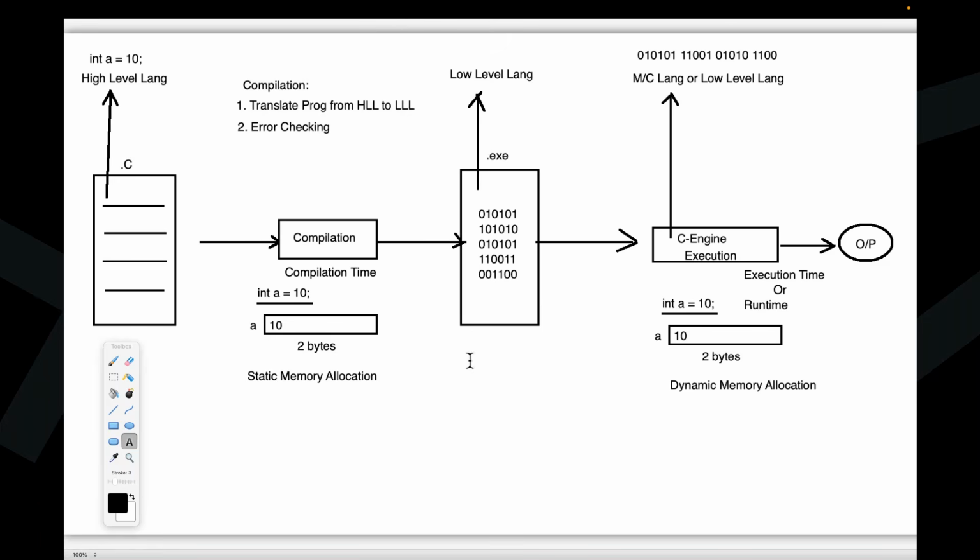Okay, right. Now I'm going to give clarity on it. Now try to understand it clearly. Observe carefully. If any programming language is following static memory allocation, then that programming language is simply a static programming language.